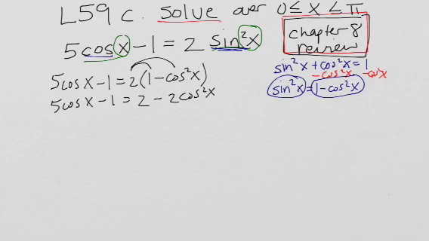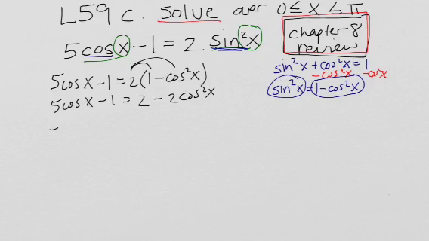Now, to solve this as a quadratic, I need to make this equation equal to 0. So I'm going to move everything over to the left side. I can add 2 cosine squared to both sides to get rid of the minus 2 cosine squared, and I can subtract 2 from both sides.